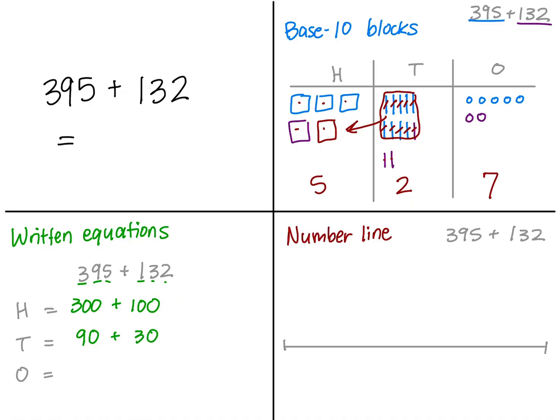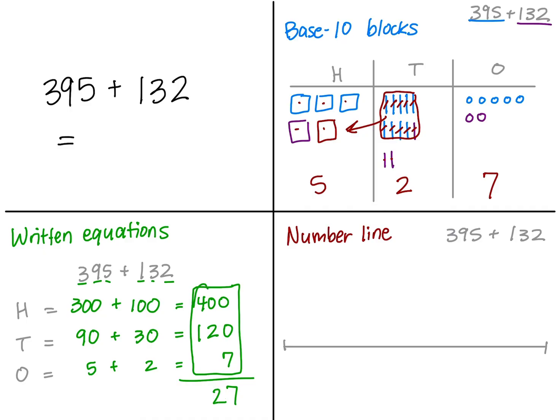Then lastly, my ones: 5 plus 2. 300 plus 100 equals 400. 90 plus 30 equals 120. And 5 plus 2 equals 7. So if I add all of these together, I have 7 ones, 2 tens, and here I have 527.